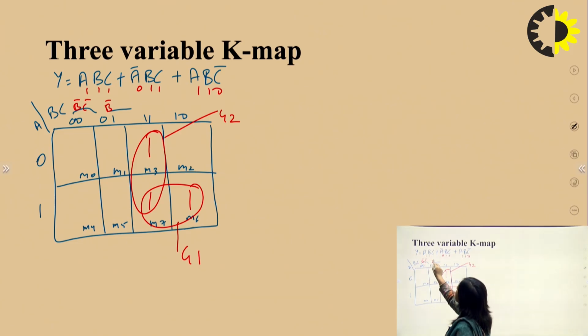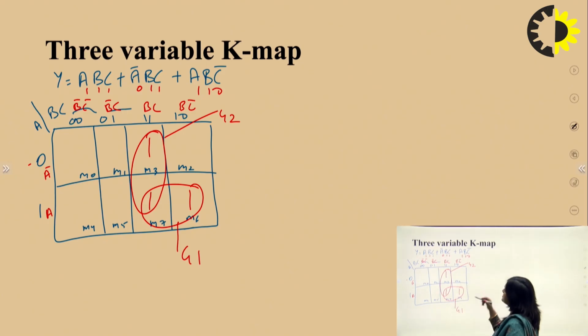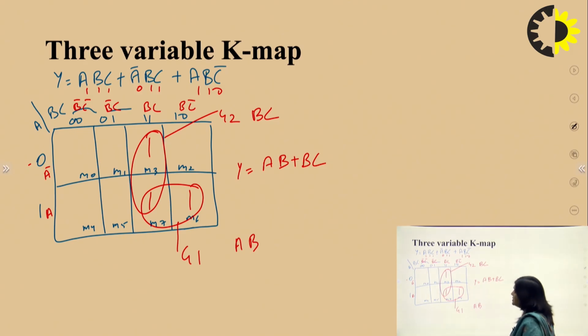This is B bar C, this is B C, this is B C bar, and this 0 is A bar and this is equal to A. So this G2 will be equal to BC and this G1 is equal to AB. So the final answer would be AB plus BC. AB plus BC is the final answer.